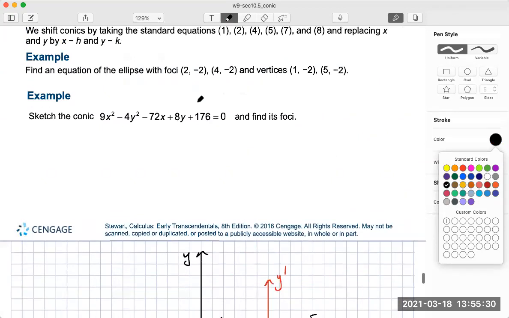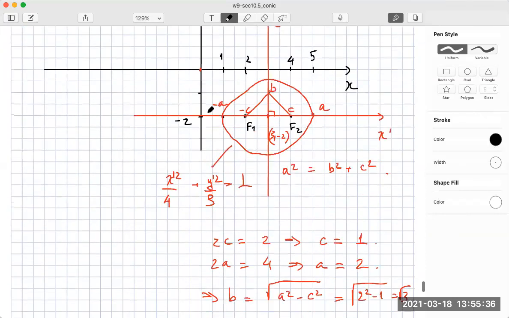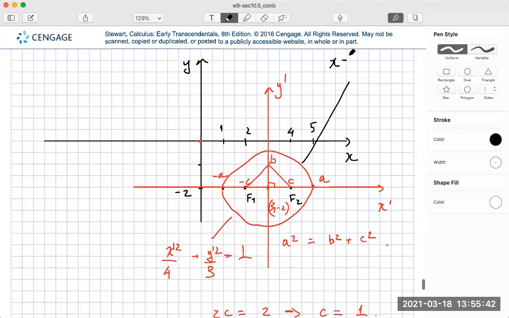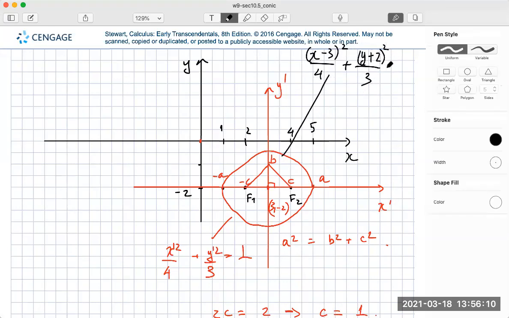Therefore, here, the equation in the original, black coordinate should be (x - 3) squared divided by 4, plus, yes, (y + 2) squared divided by 3 and equal to 1, right? Okay.